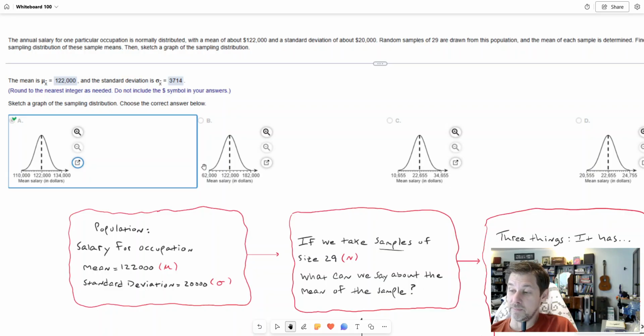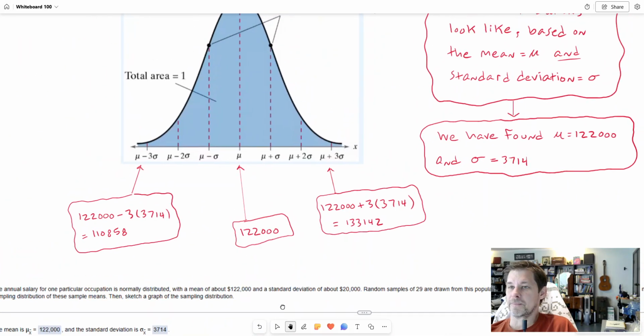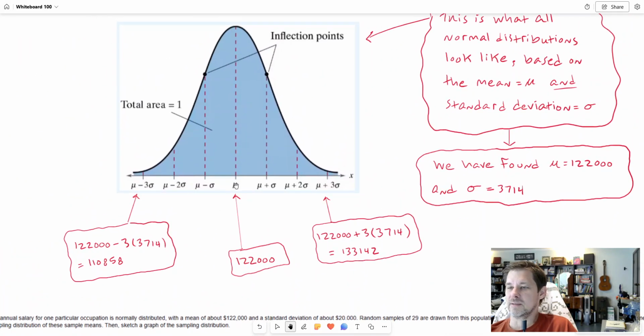Well, from wherever the mean is, if you go 3 standard deviations right or 3 standard deviations left, you've covered basically the whole curve. So I'll take the mean, 122,000, and add 3 standard deviations. That gives me 133,000 or so. And then if I take away 3 standard deviations, I get about 110,000.